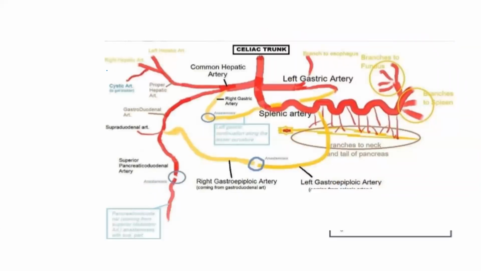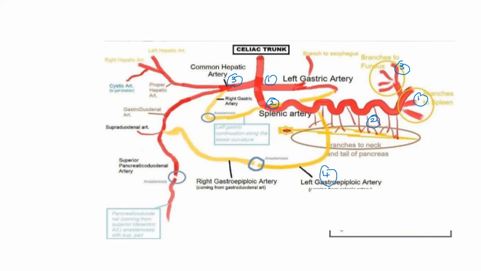So to summarize the branches of the celiac trunk, we had the left gastric artery, the splenic artery, and common hepatic artery. Splenic artery branches, remember, to the spleen, to the pancreas, to the fundus of the stomach, and then we also got the left gastroepiploic artery.